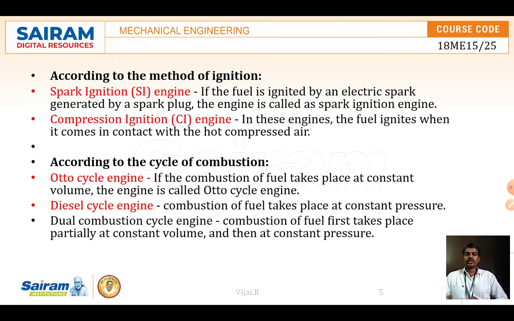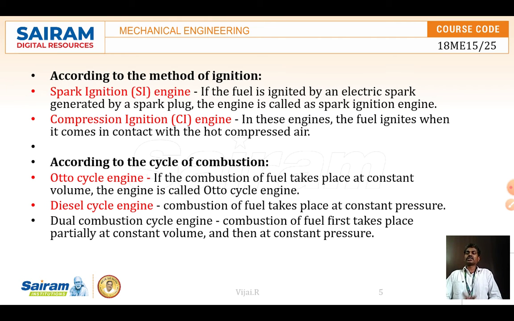Here spark ignition is where the fuel is ignited by producing an electrical spark, by a spark plug which is attached in the head of the cylinder. So during the compression stage, the spark from the spark plug ignites the fuel so that it burns.